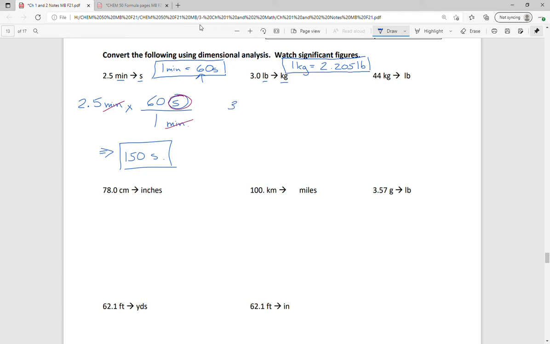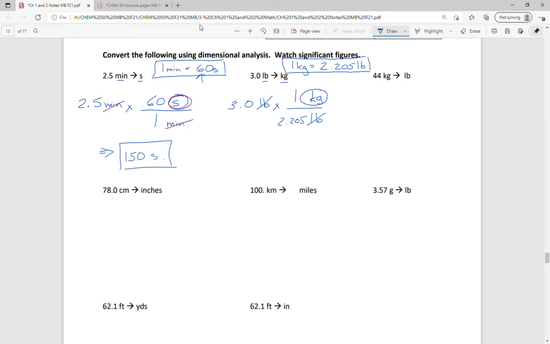So I'm going to start with what I know and write it down with units. Then I'm going to write this so that the pounds are on the bottom, and what I'm converting to is on the top. The number that goes with kilogram is a 1. The number that goes with the pound is the 2.205. If I take a look, the pounds would cancel and it would convert to kilograms.